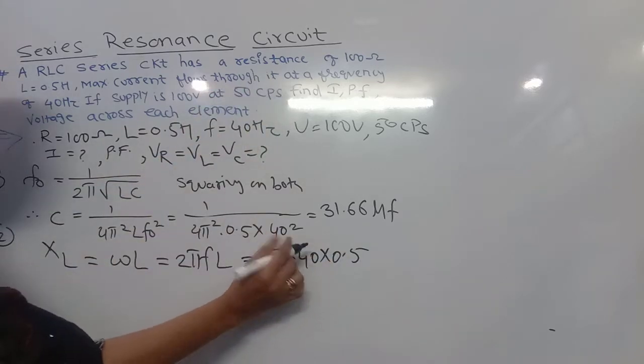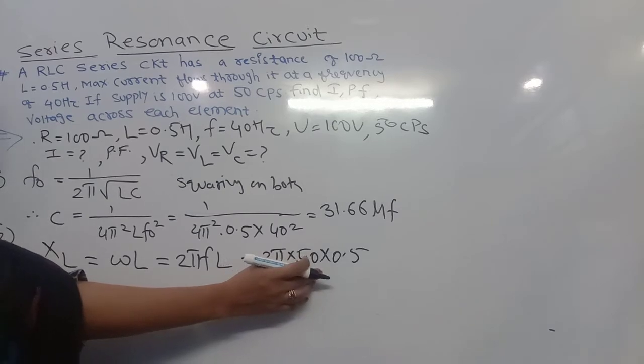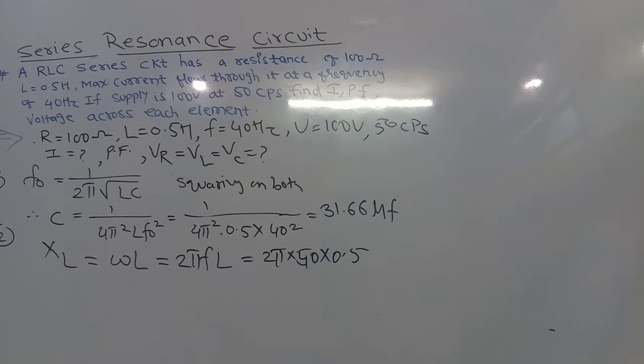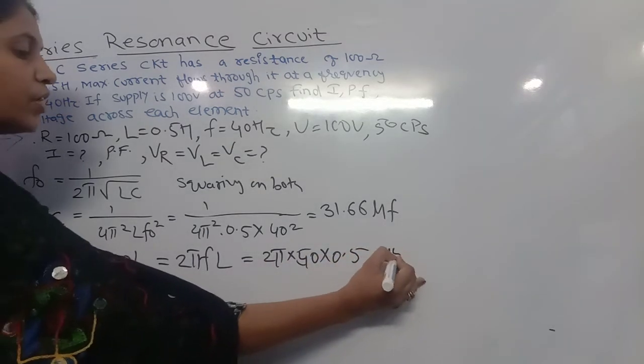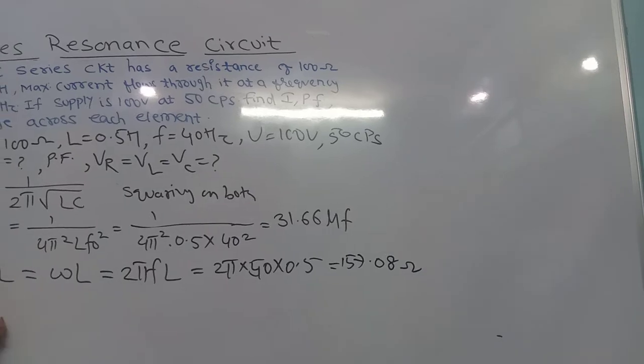So here you need to take 50 cycles per second, and the inductor is 0.5: 2 pi into 50 into 0.5. With the help of the calculator you will find 157.08 ohm, which is the inductive reactance.